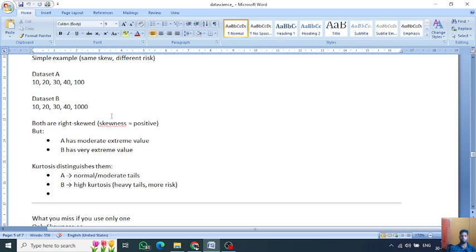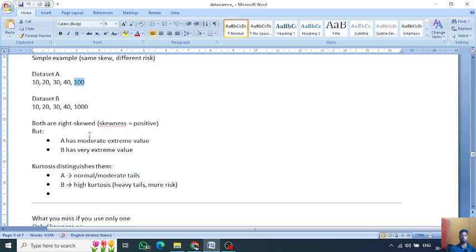Both are right skew because the rest of the values are similar, but the right value is extremely big.